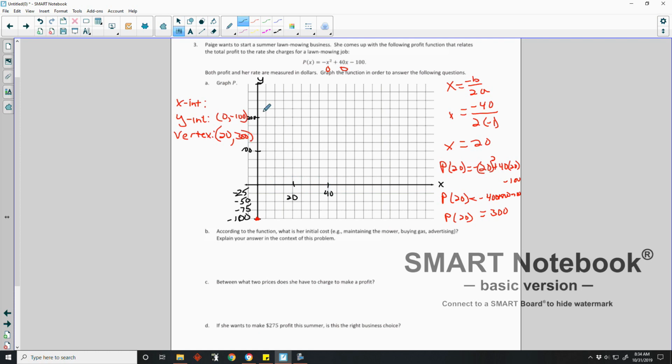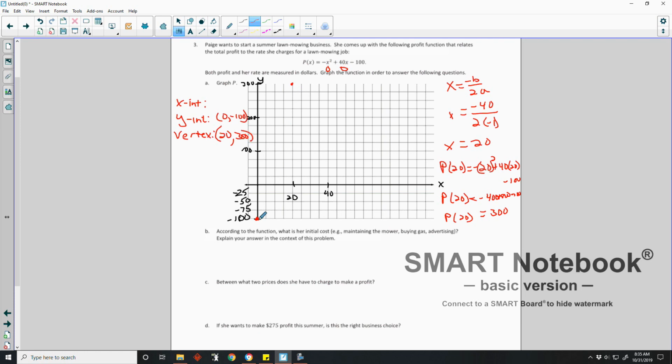And we'll go from there. So I know I have the point 20, 300, which is up here. This is 200. 300 is right at the top here. I just didn't write that in yet. So there's 100, 200, 300. I went in increments of 25 on the y-axis and 5 on the x-axis. So my vertex is the point 20 comma 300.